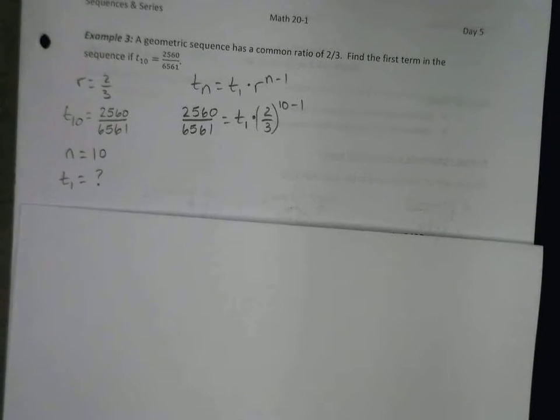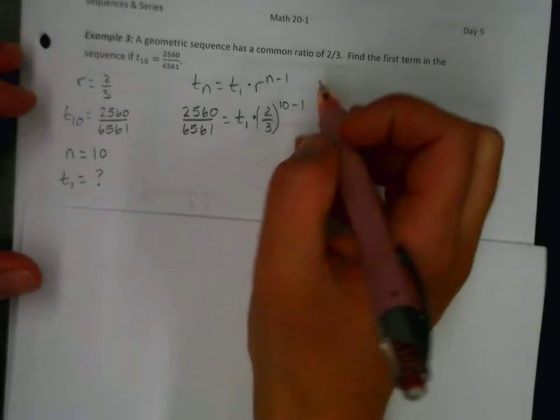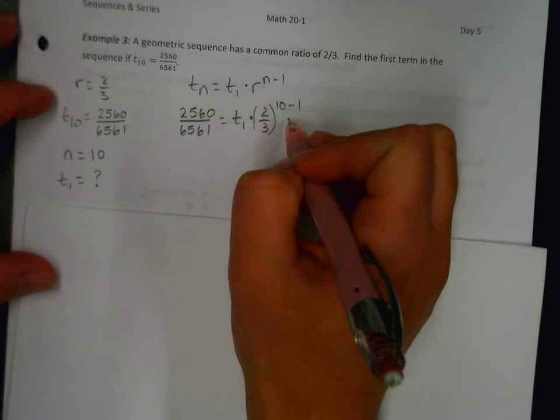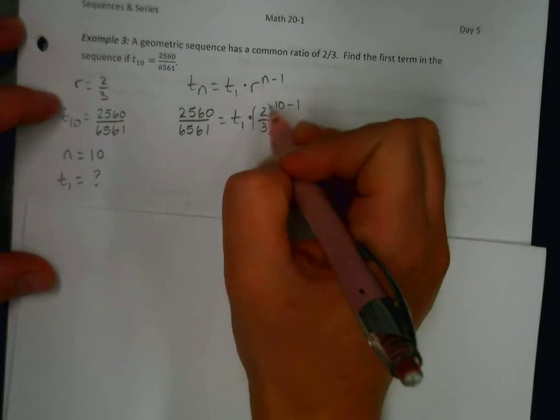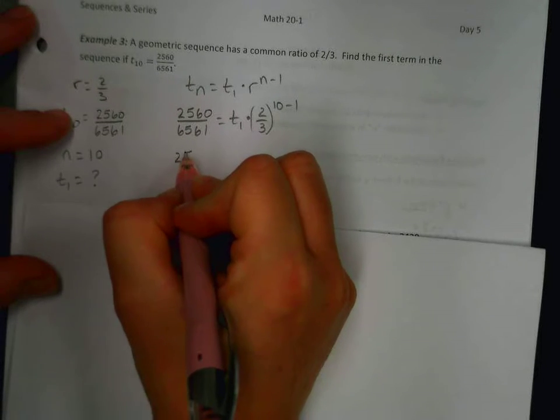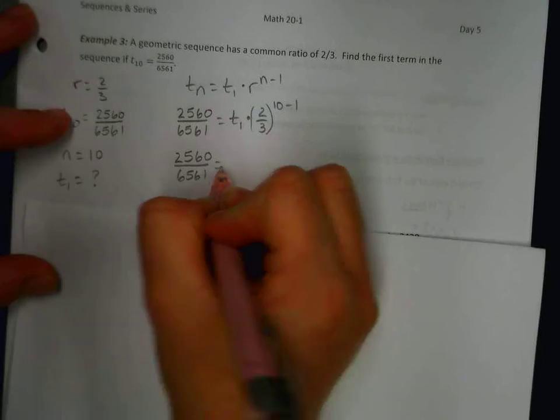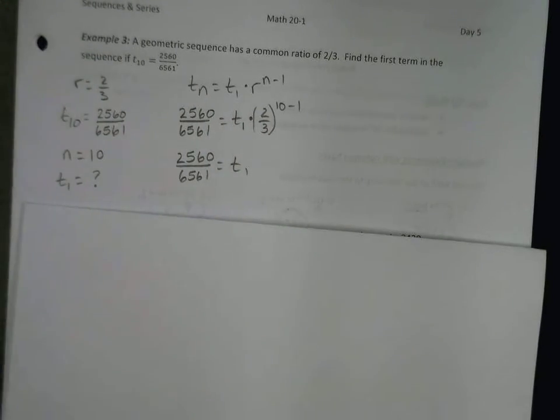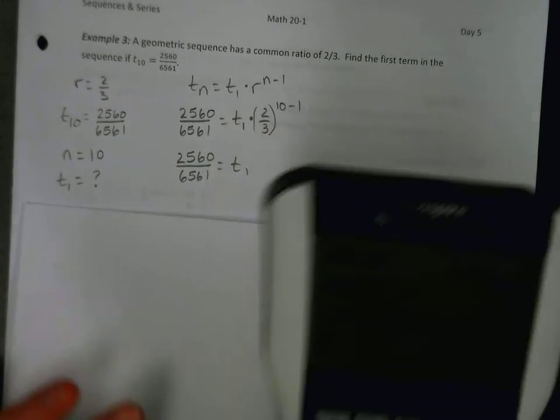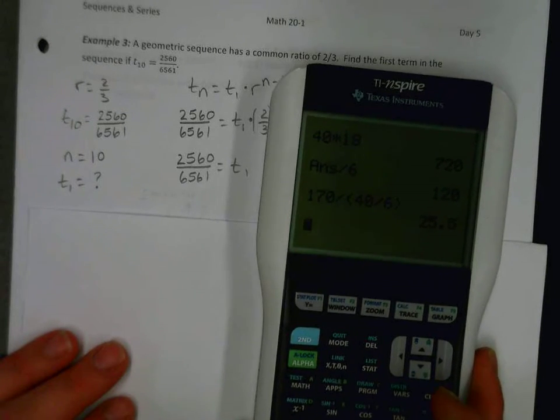All right, so technically what we want to do here is simplify this value, or evaluate this. So just using my calculator, I am going to type that into my calculator here.